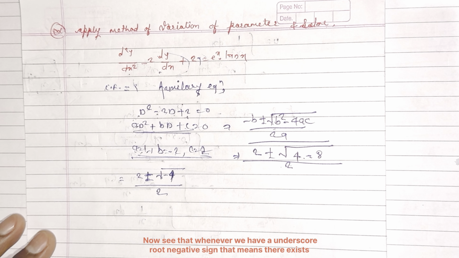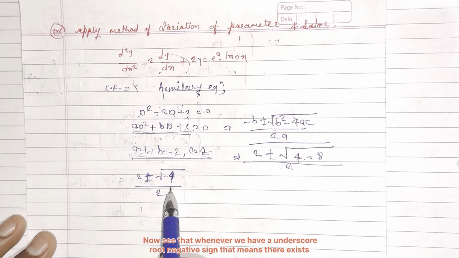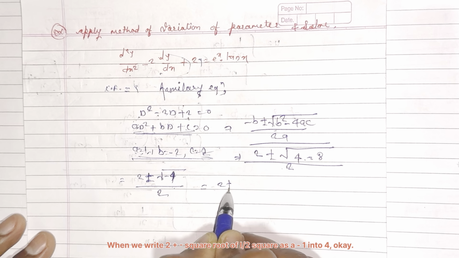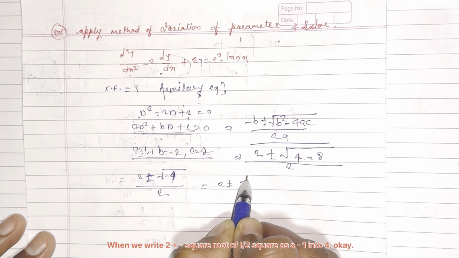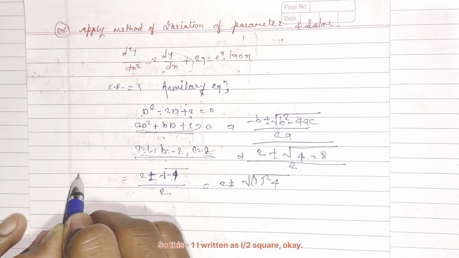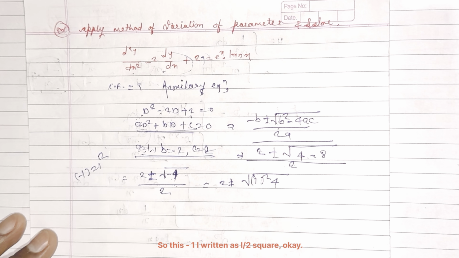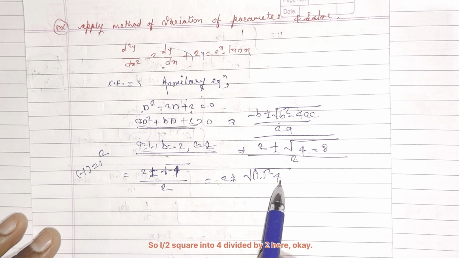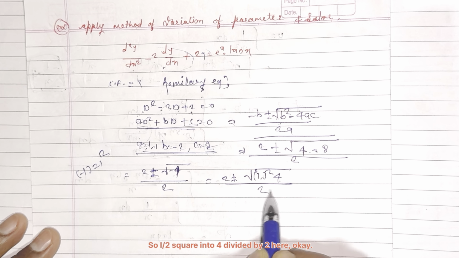Whenever we have a negative sign under the square root, a complex number exists, that is the iota form. We write 2 plus minus square root of iota square into 4 divided by 2, since minus 1 is written as iota square.